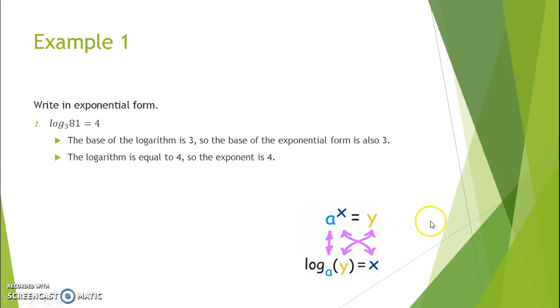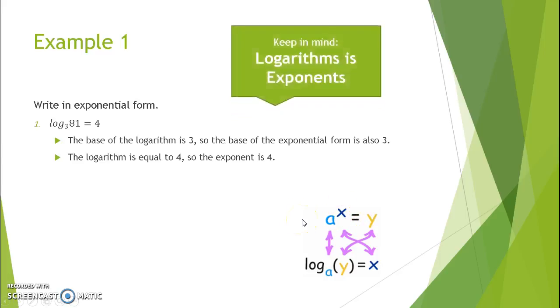So the exponent of the exponential function is 4. So here we have 3 to the 4 equals. Always keep in mind, the logarithm is this exponent, so the result of the logarithm is the exponent of the exponential form. Always remember that. Then 81 is the argument, the input of the logarithm.